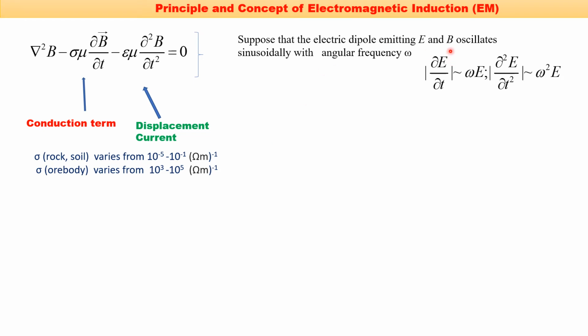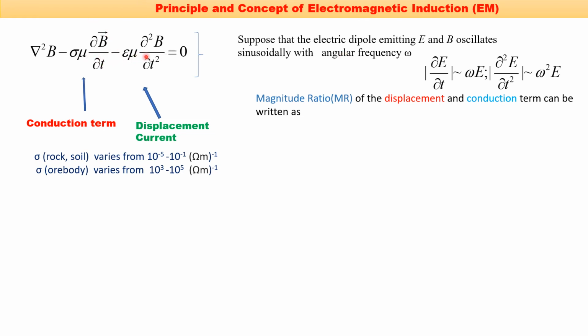Suppose our electric dipole oscillates sinusoidally, so we can write E equal to E0 e to the power i omega t. So del square E by del t square gives omega square E. We can write the magnitude ratio of the displacement term and the conduction term.